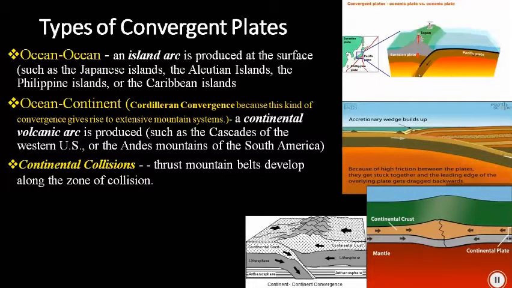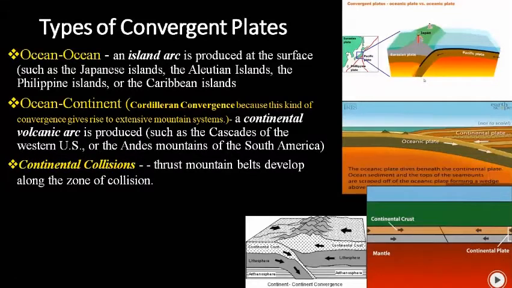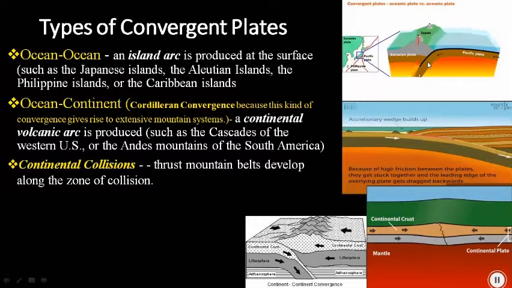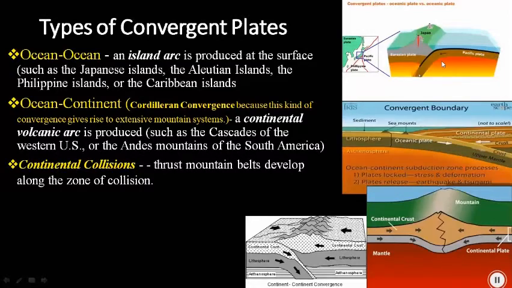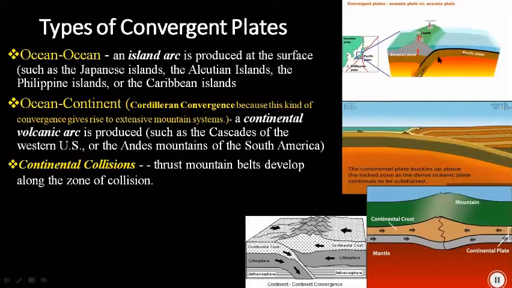So, in a convergence, the plate which is more dense of the two will subduct, it will go beneath the less dense one. So when two oceanic plates converge, the denser of the two will subduct beneath the less dense oceanic plate.